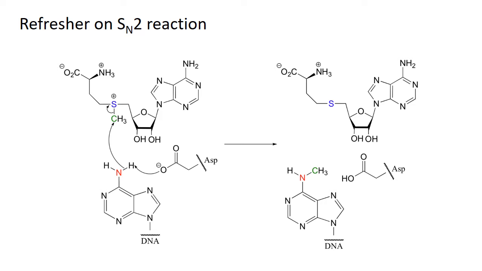Now we have an aspartic acid here, which has a side group that has a negative charge on it. Of course, this oxygen has valence electrons here, and in this case, a negative charge on it too, right?